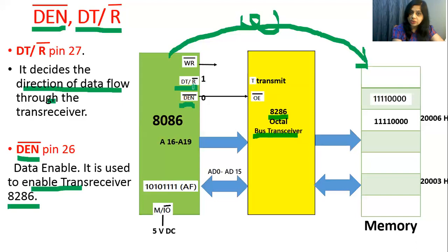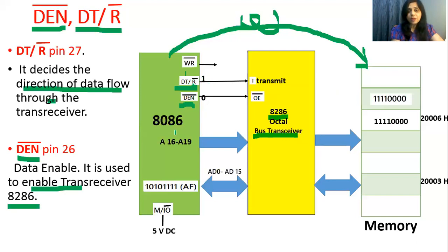If 8086 is writing into the memory, writing is a transmit operation and transmit is active high on this pin, so for a write operation this should be at logic 1. That means if 8086 is reading, this pin should be at logic 0, and if it is writing, it should be at logic 1.